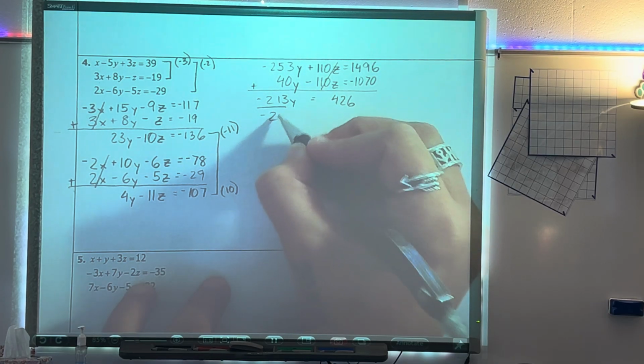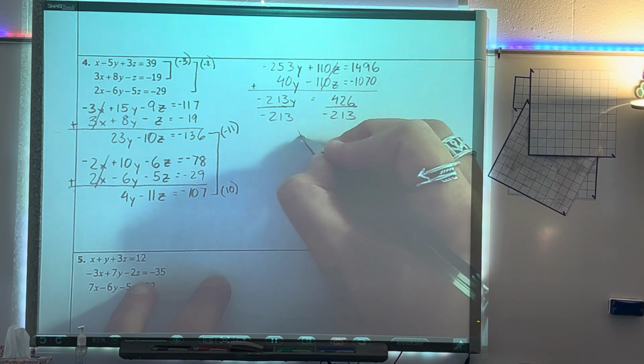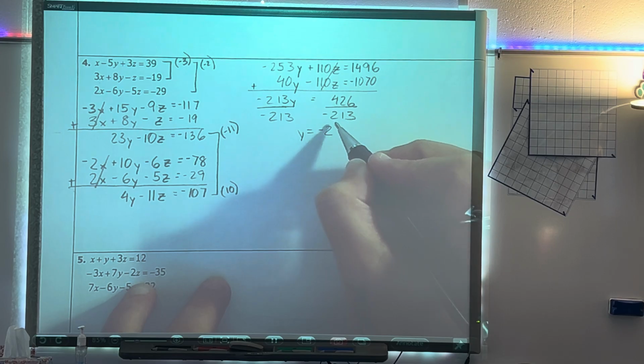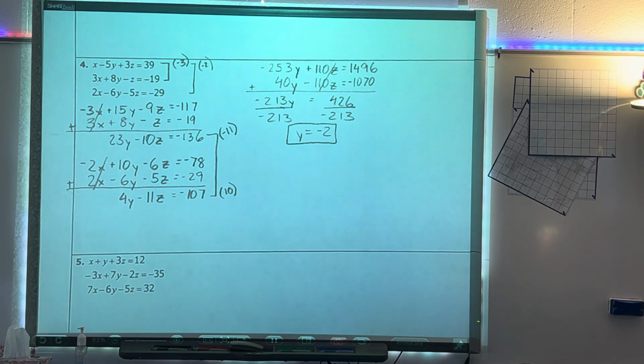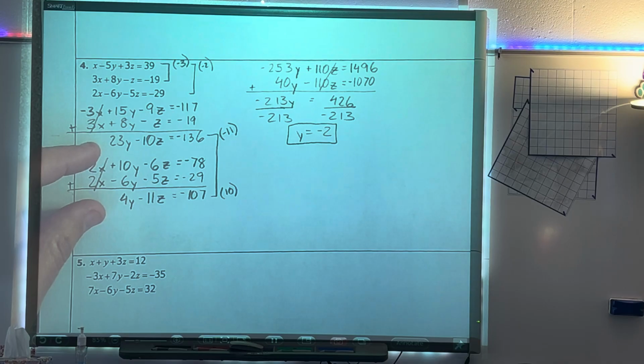Divide out my negative 213, which is gonna give me a negative 2. Right, yes. Alright, so I got Y. Y'all okay there? Alright, so now I've got to pick one of these two to plug in.